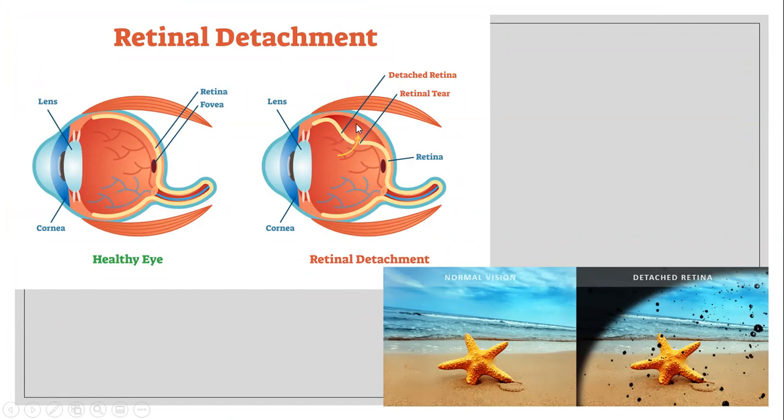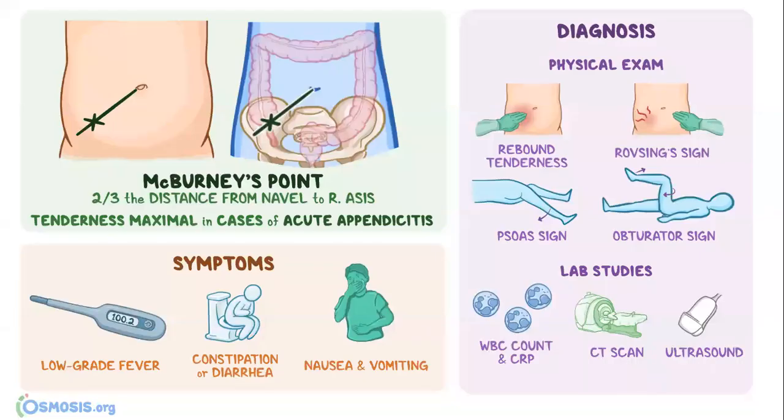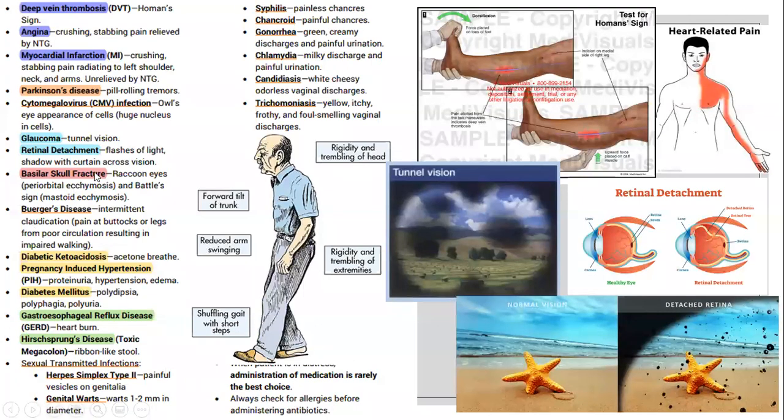It is a condition in which the retina gets pulled away from the normal position. And this is the normal vision, but the person who has retinal detachment, their vision looks like this. Something like a shadow falls over their vision, a shadow like a curtain across the vision.